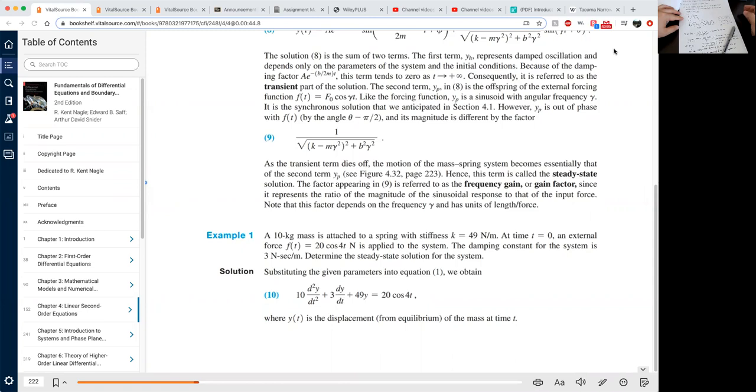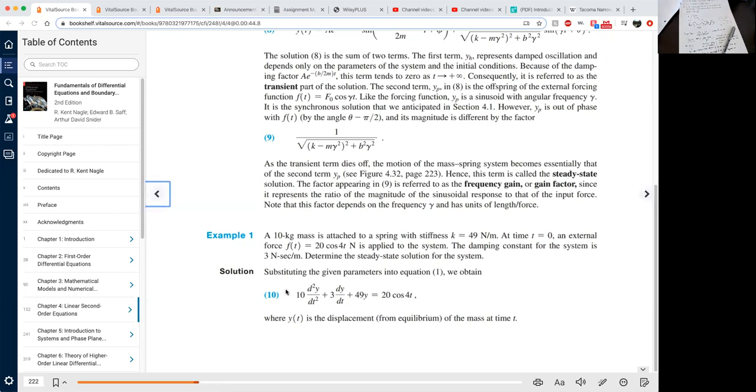At time t equals 0, an external force f(t) equals 20 cosine 4t Newton is applied to the system. The damping constant for the system is 3 Newton second per meter. Determine the steady state solution for the system. Steady state solution means the particular solution, right?